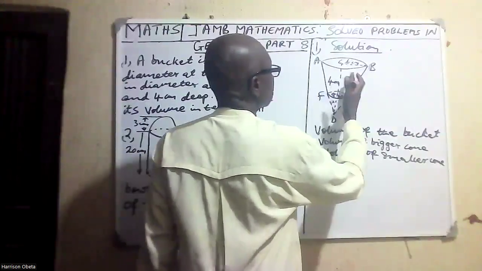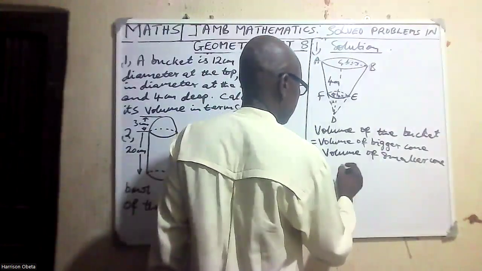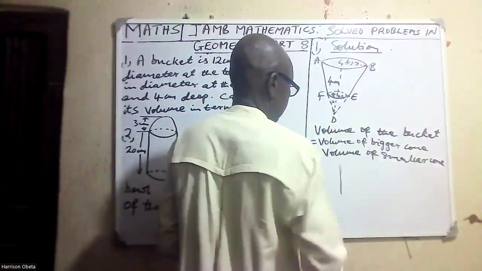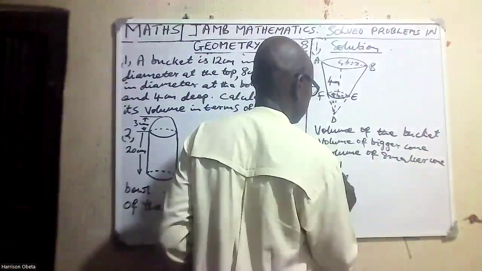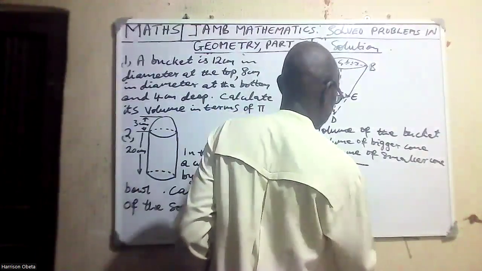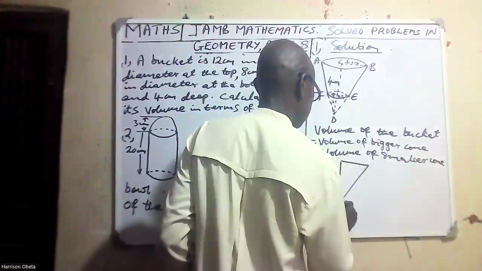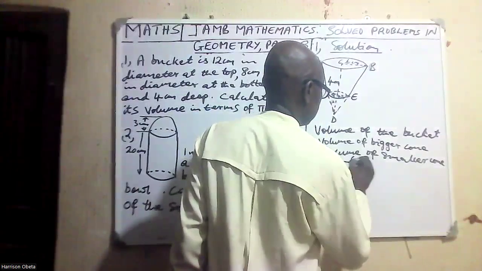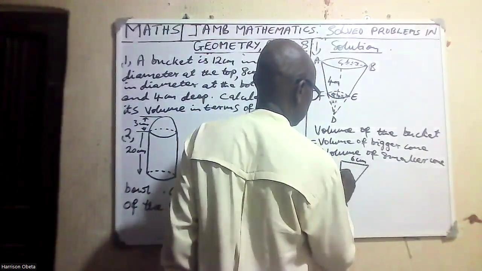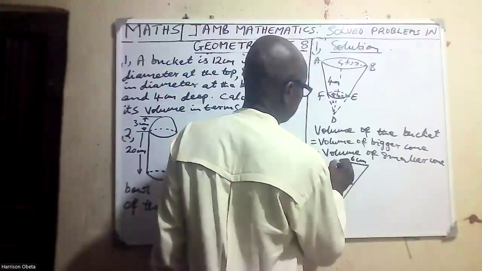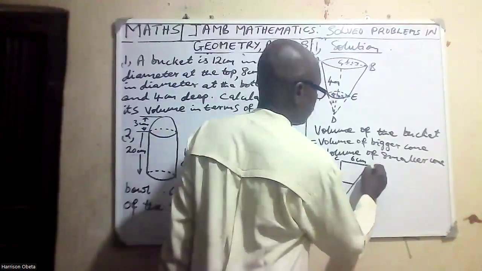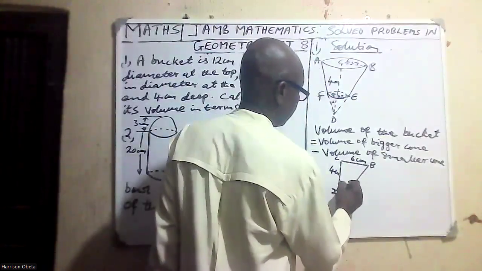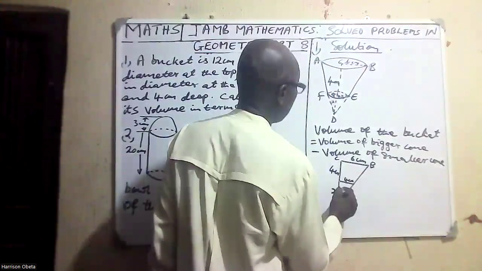So we can bring out maybe this part of the triangle. We have something like this. This is our C. This is B. This is D. And then this is 4 cm.